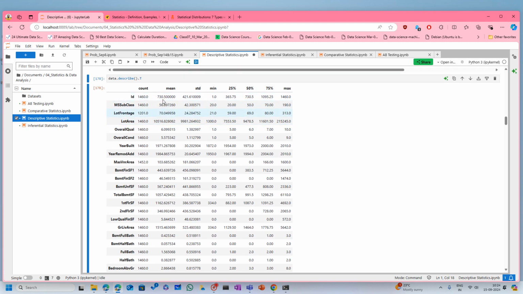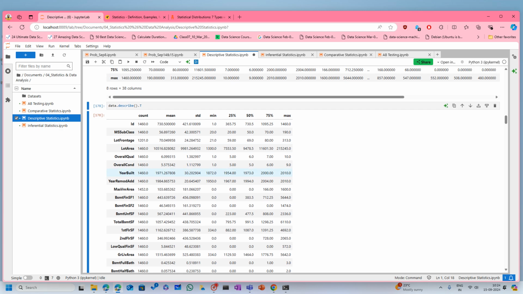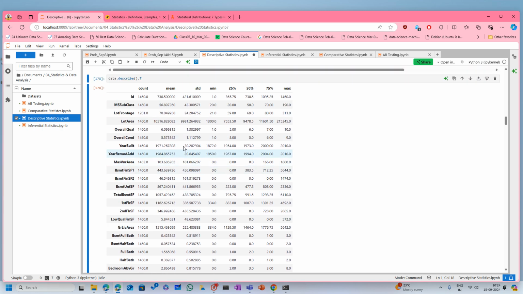This is mean. Now this is standard deviation. Standard deviation means, for example, the first floor. So I'll explain. If the average square foot area of the first floor of the house built was 1162, then standard deviation happens to be 386.